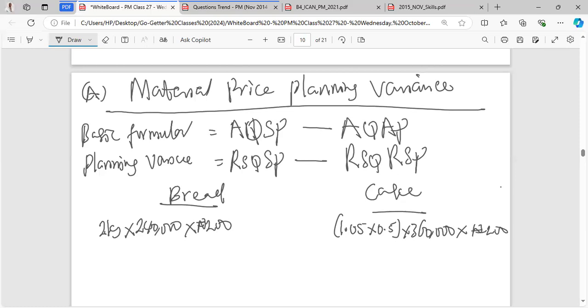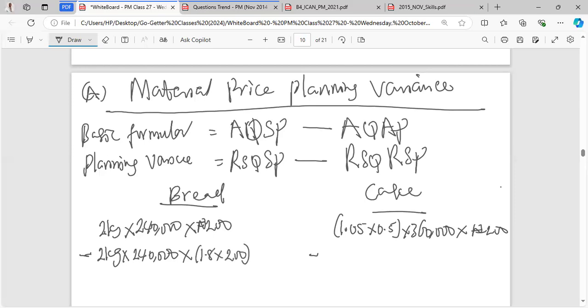So this is going to be 200, now minus the revised standard quantity, which here is still going to be 2 kg, multiplied by 240, now times the price. The price will now be 1.8 times 200.